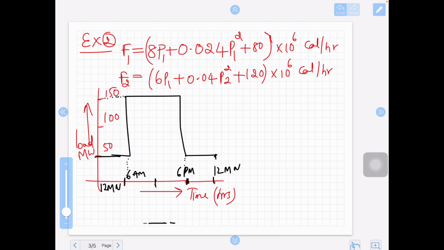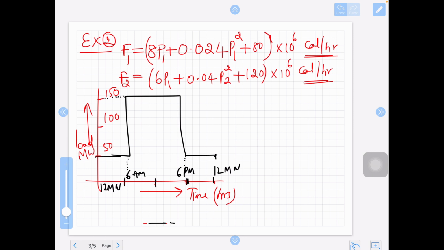Next, one more typical problem. This is a university question paper question. In this, they give the fuel input in calories per hour for each unit in a plant. In a plant with two units, the first one's fuel input in calories per hour is 8P1 plus 0.024 P1 square plus 80 into 10 to the power of 6.